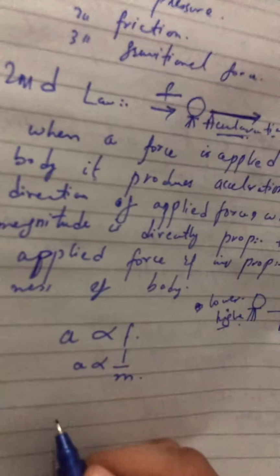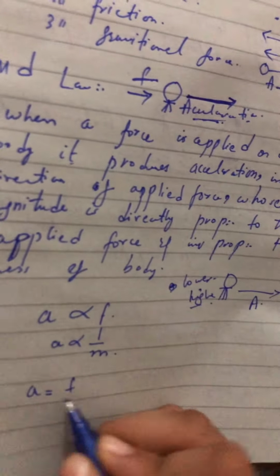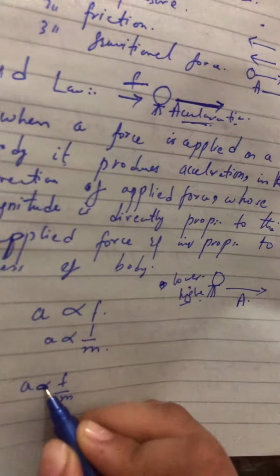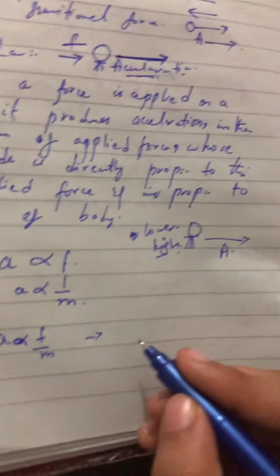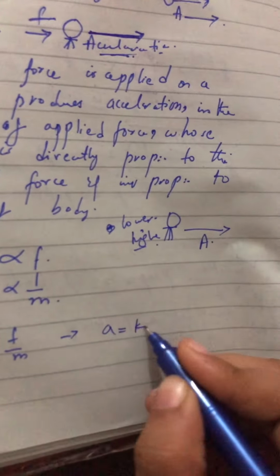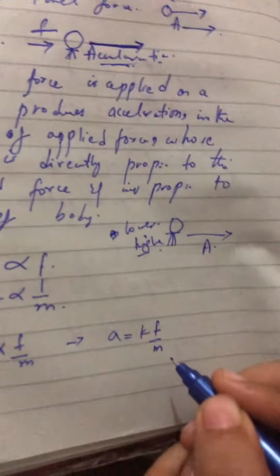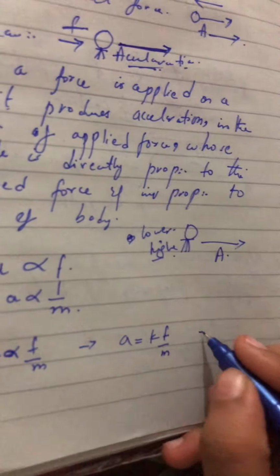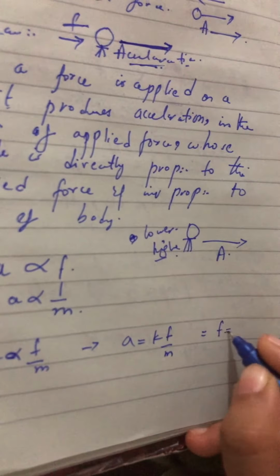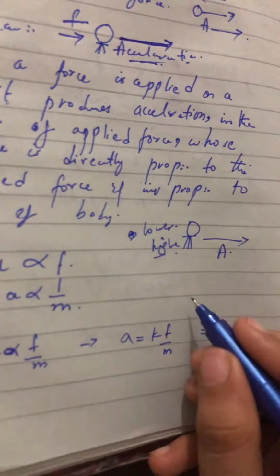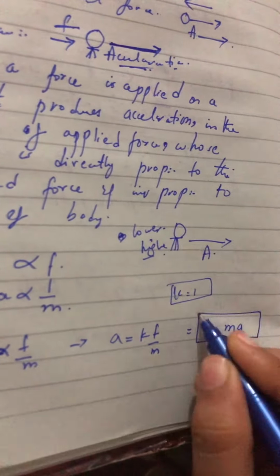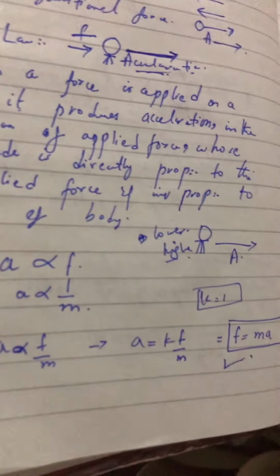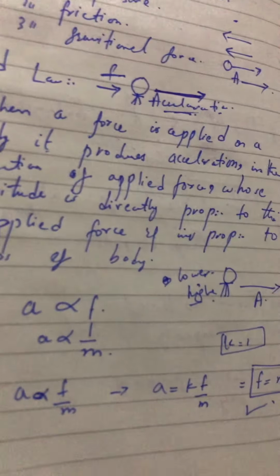We can write acceleration is directly proportional to F upon m. When we remove the proportional sign, a = K F/m, where K is a constant. So we can write F = ma, the value of K being 1. Here we have the formula for finding force. So this is the second law.